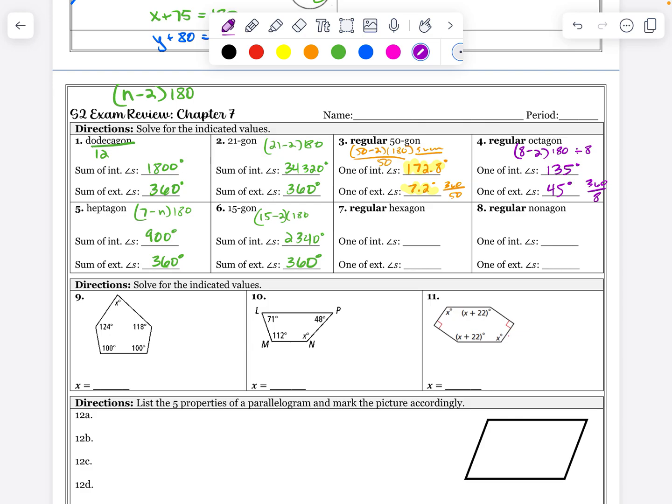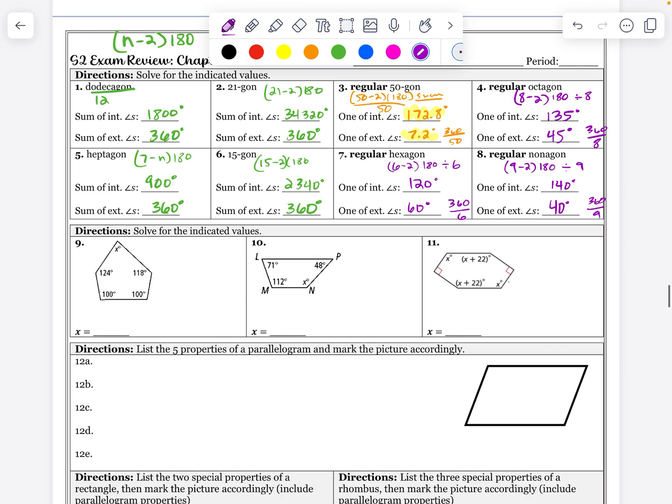A hexagon is 6. 6 minus 2 times 180, then divide by 6, gives me 120, which means that 360 divided by 6 is 60, and that adds to 180. Beautiful. And then a nonagon is 9, so 9 minus 2 times 180, then divide by 9, gives me 140, and then 360 divided by 9 is, oops, did that wrong, 40.